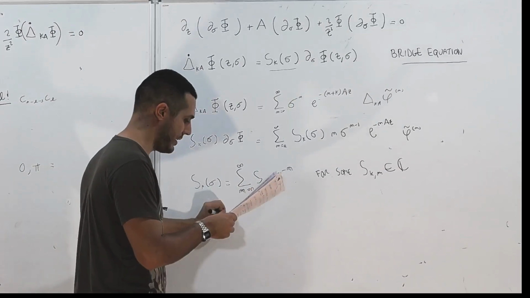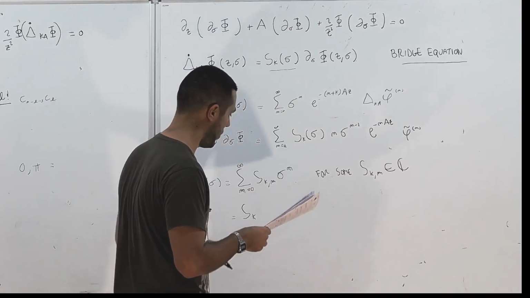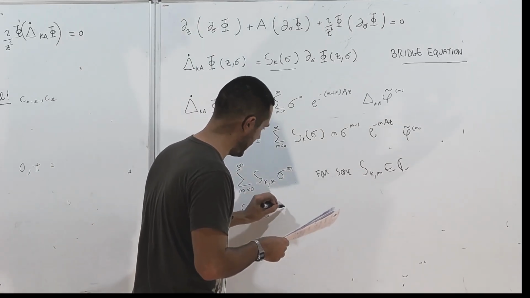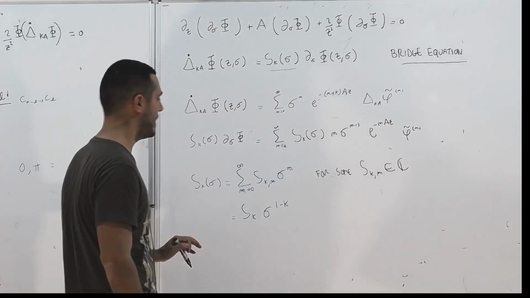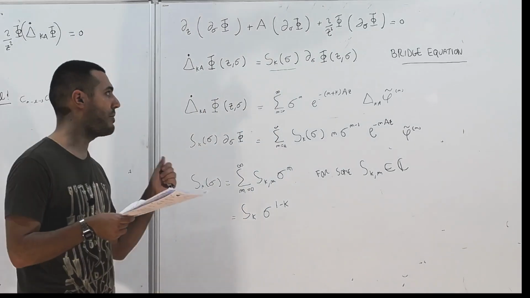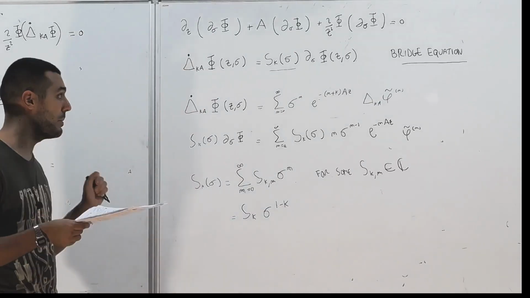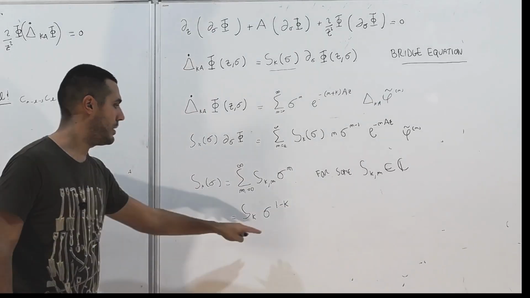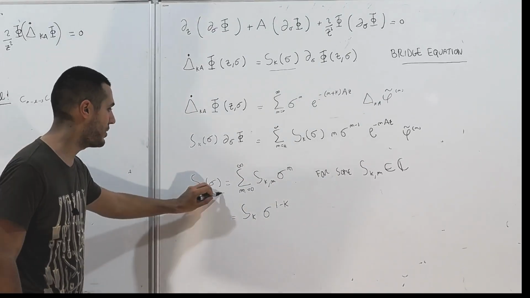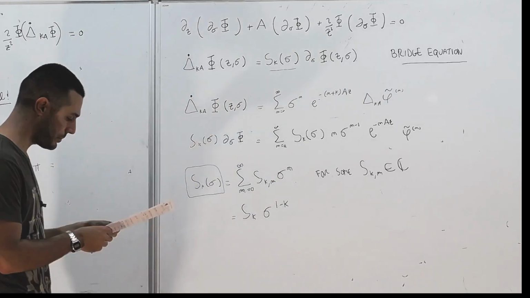In fact, this gives us s_k a constant times sigma to the 1 minus k. So the constraint that the power of sigma matches the power of e to the minus az is very stringent on the shape of this proportionality constant in the bridge equation.